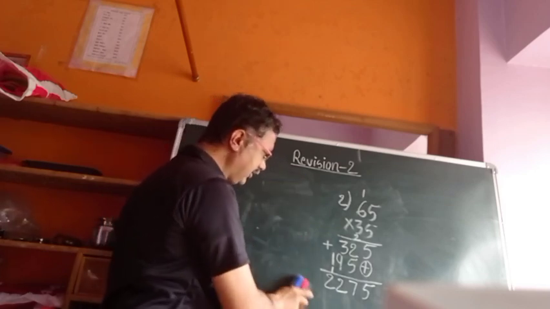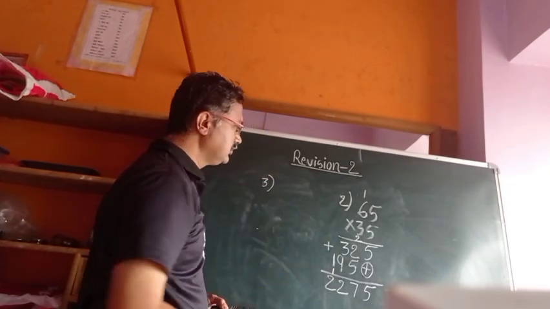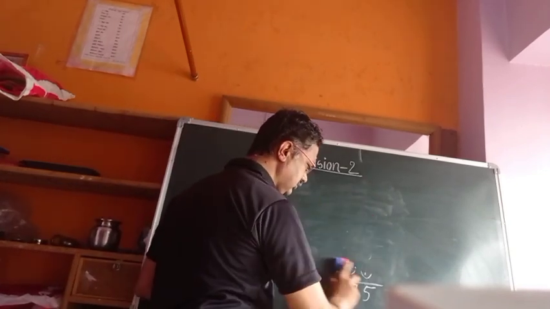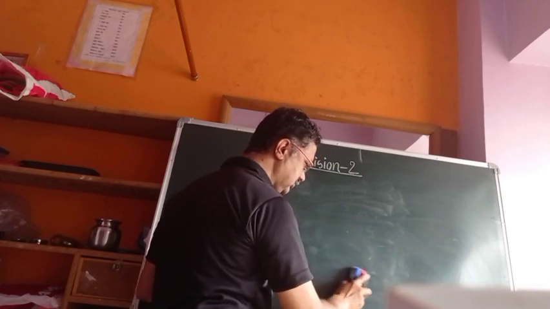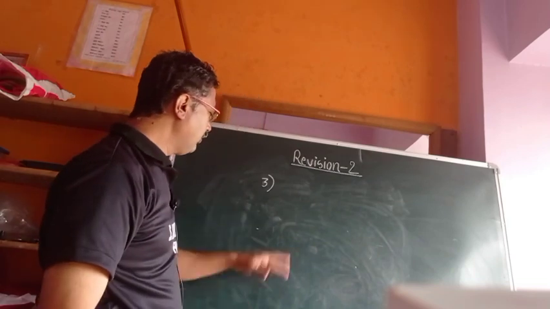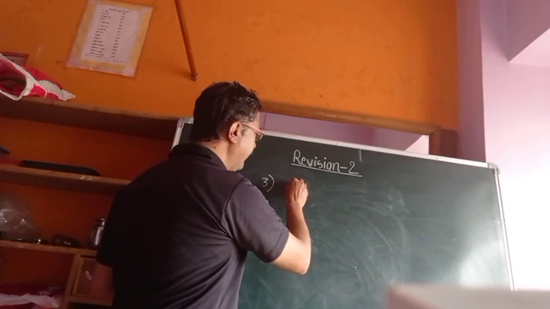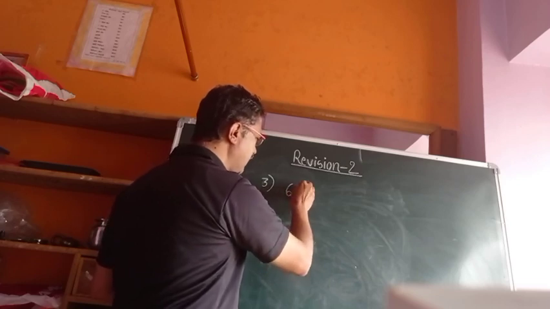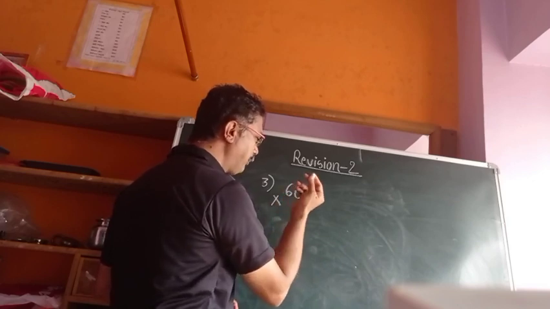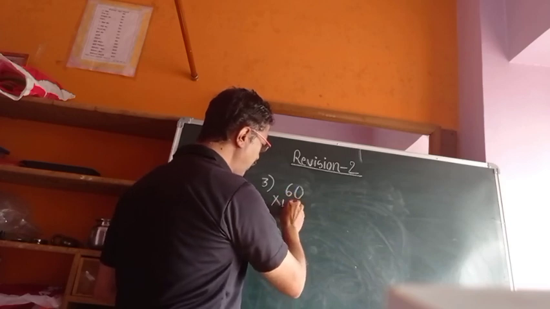Yes, third one. I will erase this also. Third one, when 0 comes, what do you have to do? For example, 60 into any number, I'll take 45.